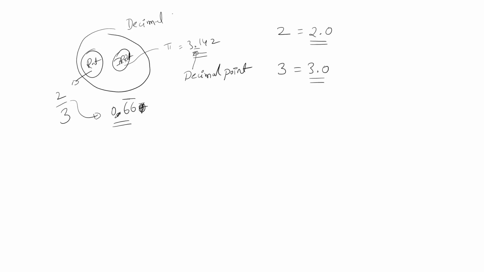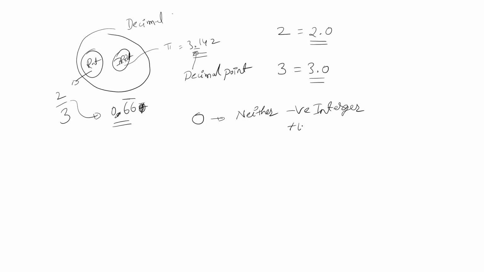Now, what is the main advantage of decimal numbers? Any number we can write in the decimal form, that means we can use the decimal point, right? So here one important note is that 0 is neither a negative integer nor a positive integer.